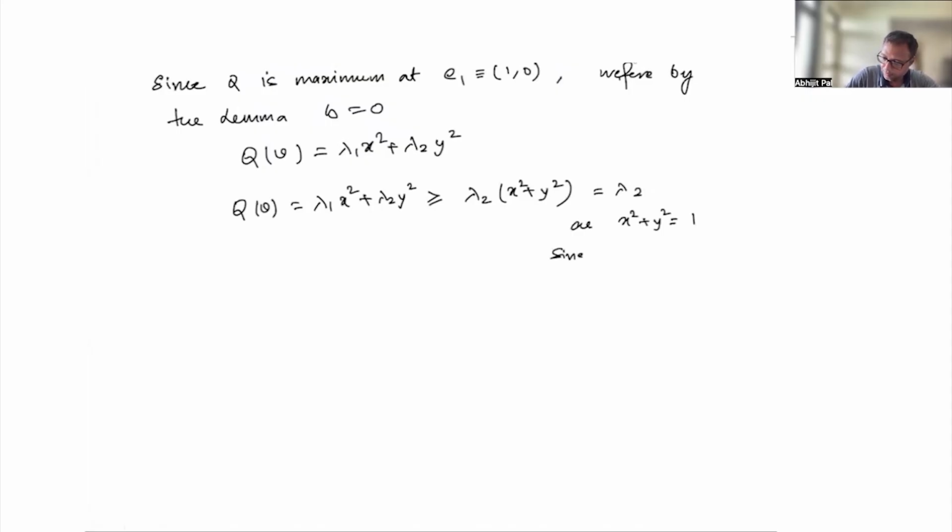Since B is equal to x e1 plus y e2, it belongs to the circle. So x square plus y square has to be equal to 1. So this shows that lambda 2 is the minimum of QB such that norm of B is equal to 1.